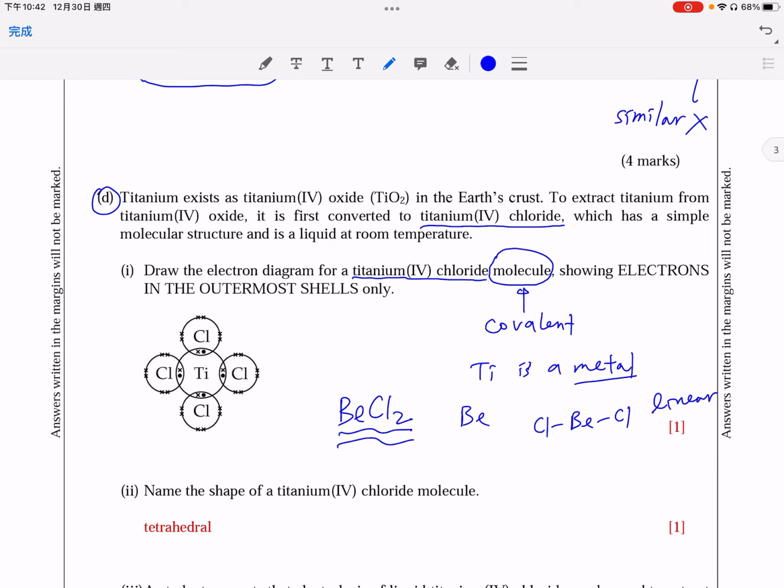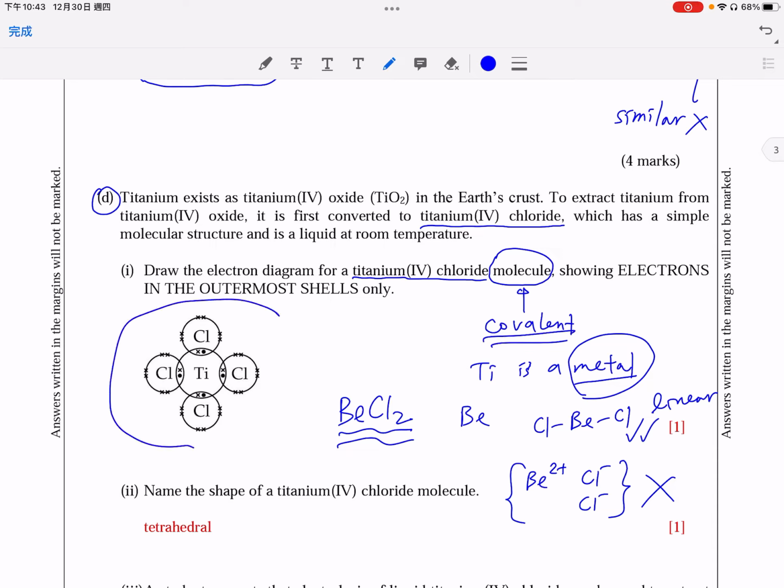Of course, it is non-octet structure. And this is the structural formula for BeCl2. And for BeCl2, you will not think of this because you are told that it is covalent. So make sure you know that actually a metal compound may be covalent.